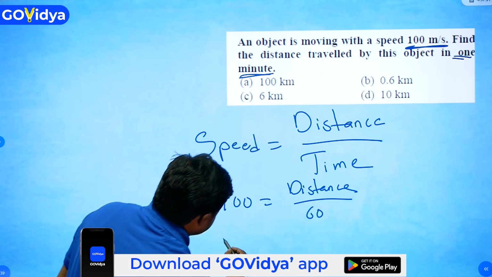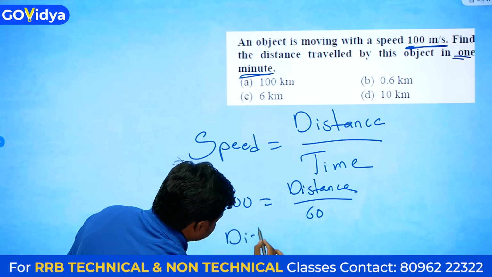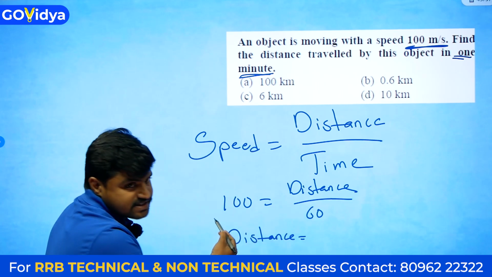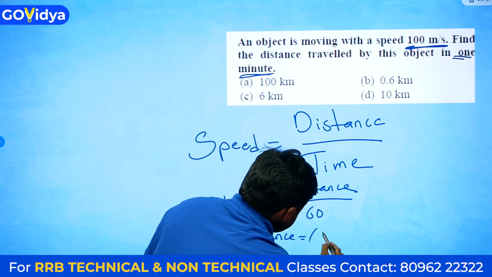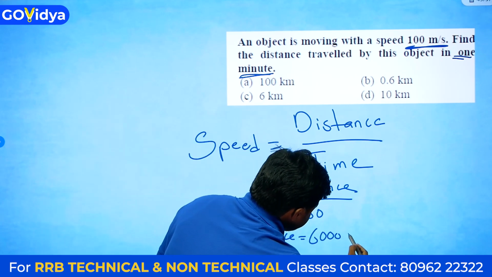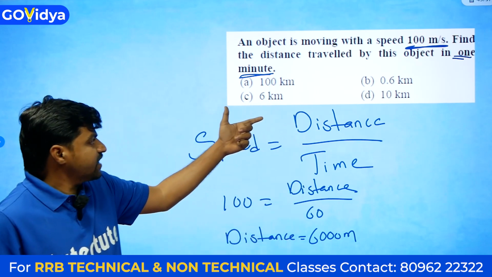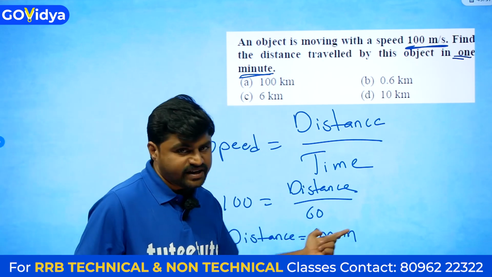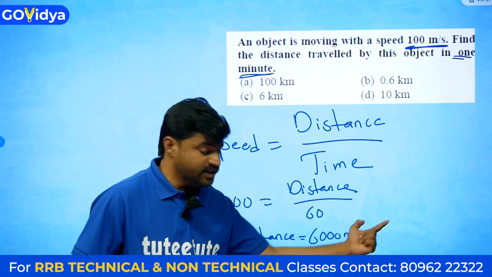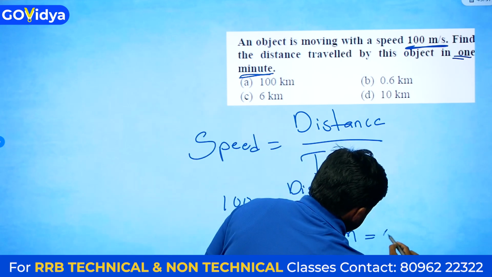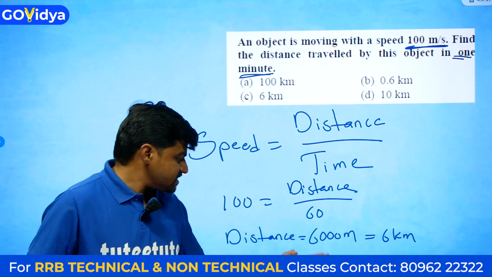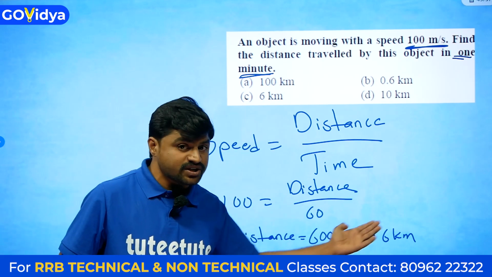From here we get distance is equal to 60 into 100, which is 6000 meters. But the options are given in kilometers, so we have to convert it into kilometers. 1 kilometer is equal to 1000 meters, so 6000 meters is equal to 6 kilometers.